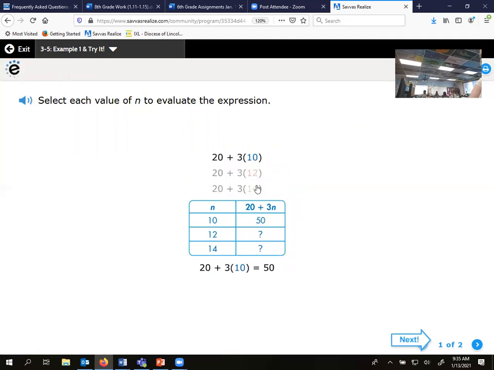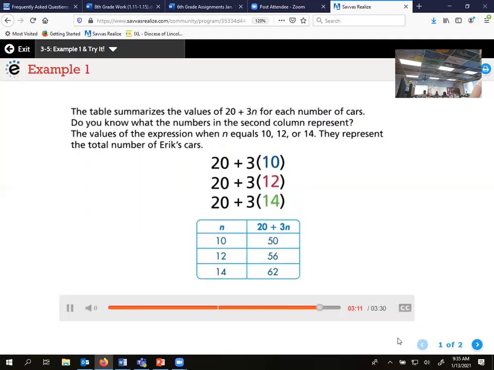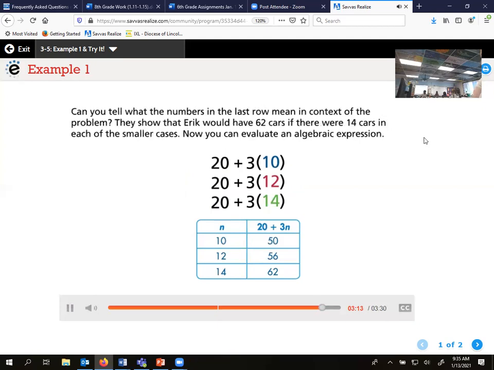Okay, move on. Can you tell what the numbers in the last row mean in context of the problem? They show that Eric would have 62 cars if there were 14 cars in each of the smaller cases. Now you can evaluate an algebraic expression.